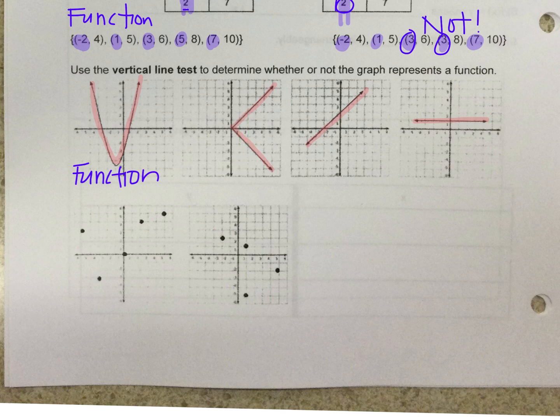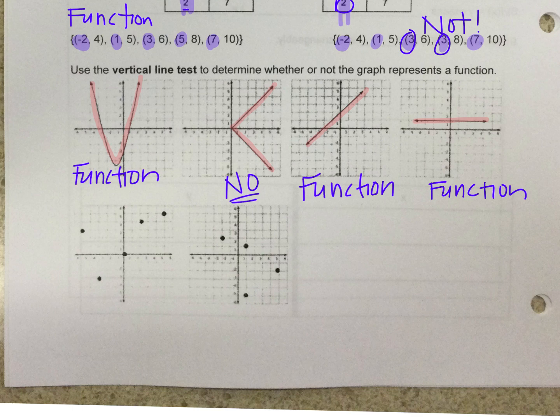So when it touches two at the same time, it's like it's sending an electric shock. And so, no, it cannot be a function. On this one, it only touched it one time as we went through it. So this one's a function. Let's check this last one. It touched it the whole time, but it was only one area, so this is also a function.